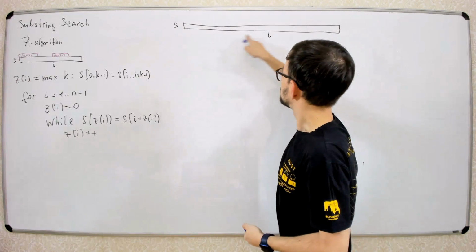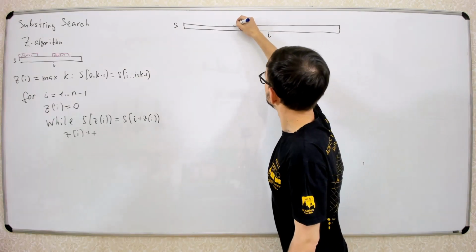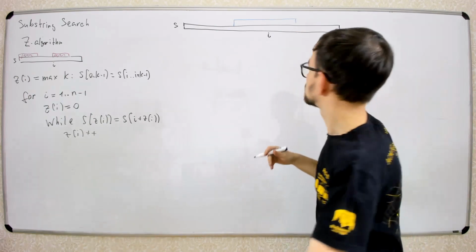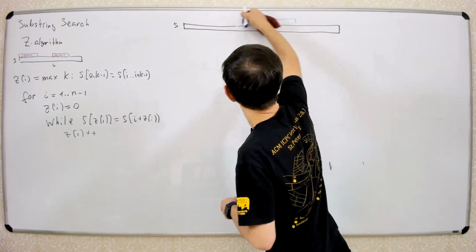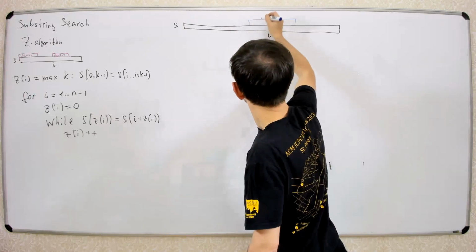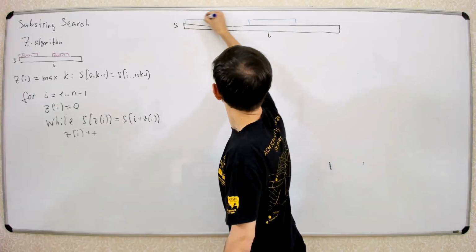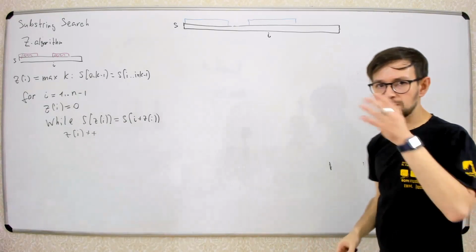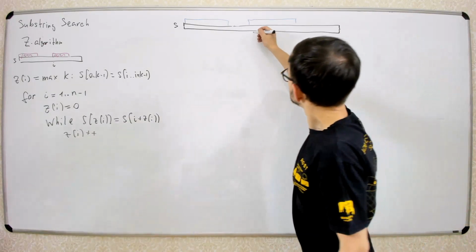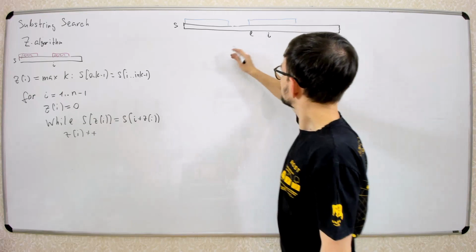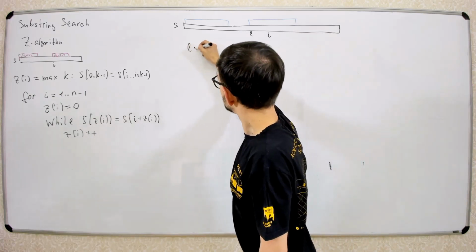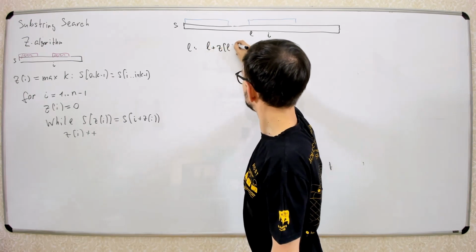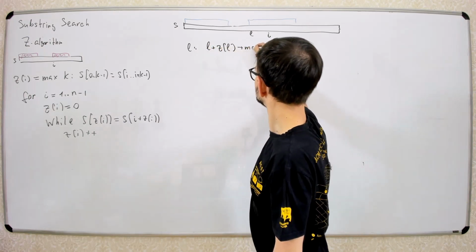From all the calculated positions, I will remember the one which has this string as far to the right as possible. I want this string to be equal to this string, and from all these positions I will remember the rightmost one. So I want to remember l such that l plus z at l is as large as possible.